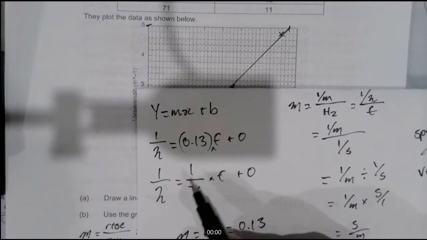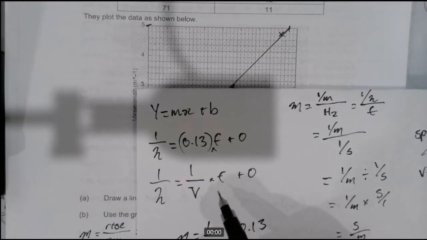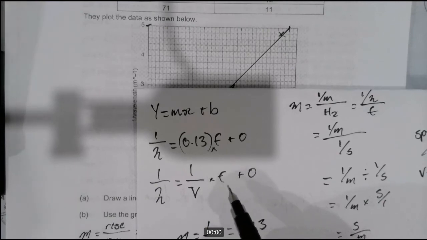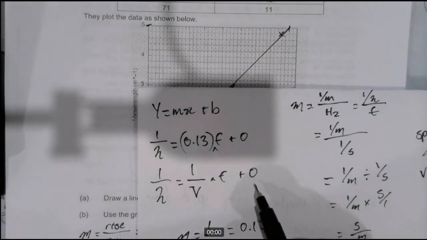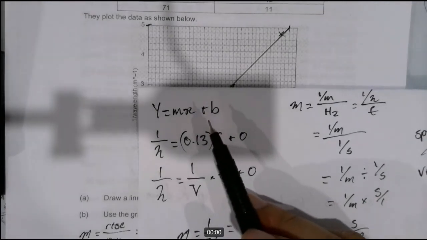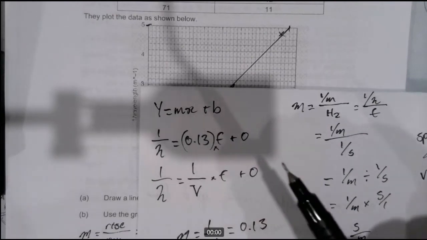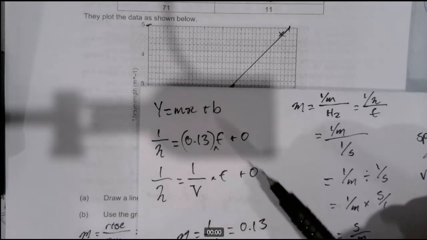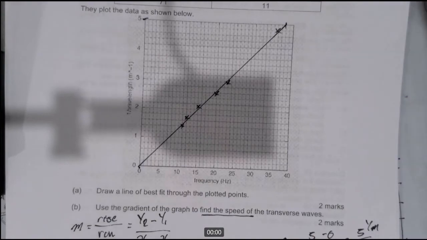The slope is presented as some different variable here. Rather than m, it's 1 divided by the speed. And the x variable is frequency. We don't have any y-intercept, so we don't have to worry about that. We'll talk more about this expression as it comes up in class, but this is a nice example that deals with that. Okay, let's move on.